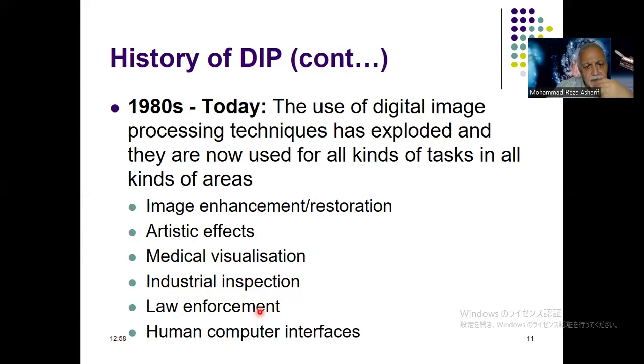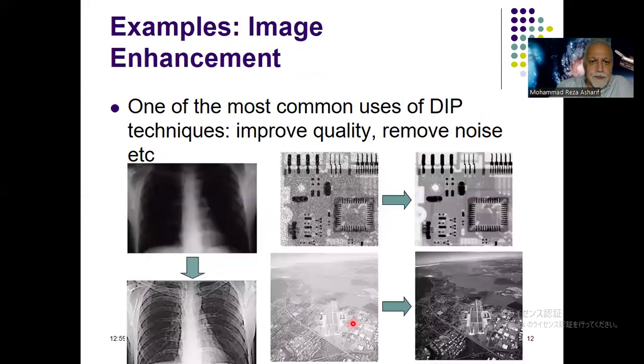Law enforcement, for instance, banknotes: you can use watermarking to protect them from fraud or something like that. And human computer interface. This is the last, human computer interface. Here are some examples.